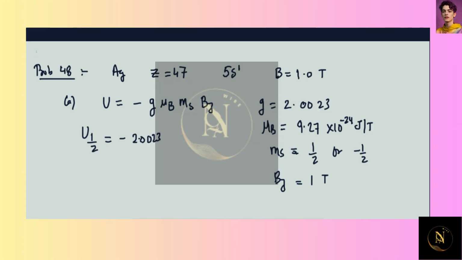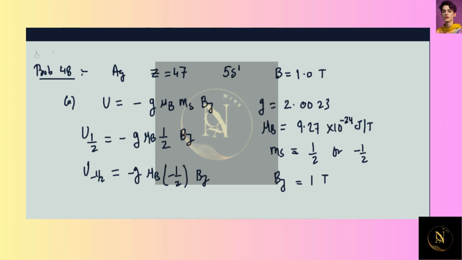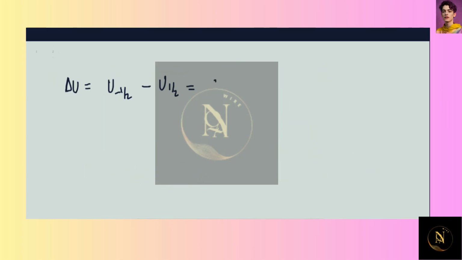Instead of plugging in the values for everything first, let me just write: when the electron has spin 1/2, the potential energy is minus g μB times 1/2 Bz. When it has spin minus 1/2, the potential energy is minus g μB times minus 1/2 Bz. So the splitting of the energy level is just U of minus 1/2 minus U of 1/2. So we basically get g times μB times B.